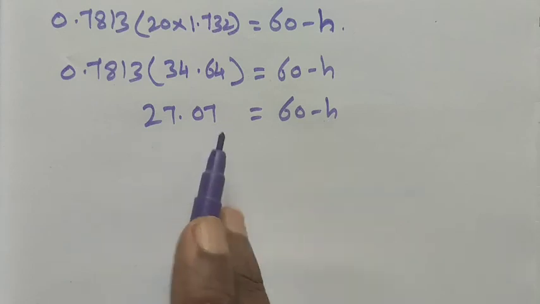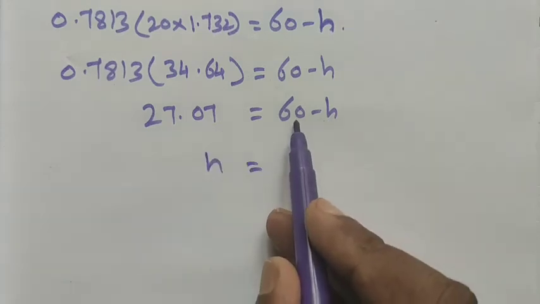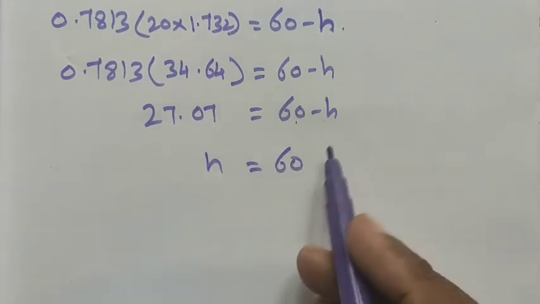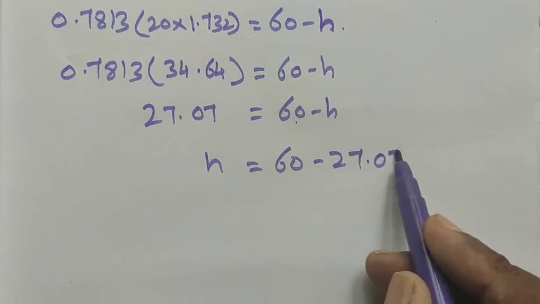Then I take H to this side, so we get a positive value, and 27.07 to the other side as a negative value.